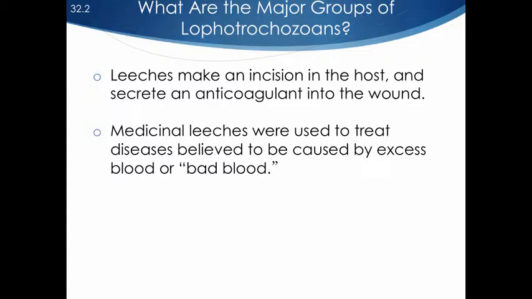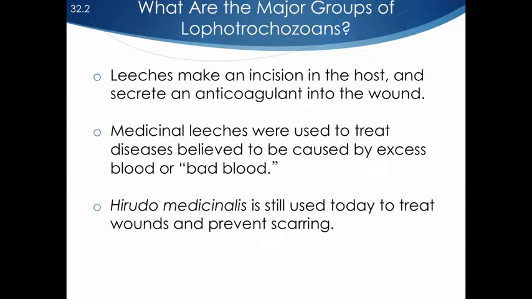A lot of the therapies for any disease, or sometimes for the bubonic plague and such, was to use leeches or to drain out blood, because it was considered that the disease was caused by bad blood. And now we know that that's not the true case. So Hirudo medicinalis is still used today to treat wounds and prevent scarring, and that's a type of leech.